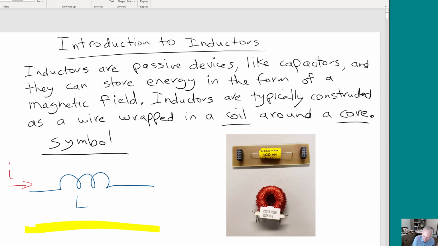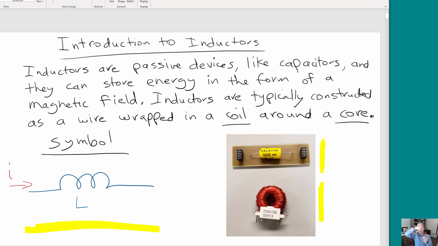Over here on the side, we have a couple of examples of inductors. The one on the top is an inductor that's in kind of like a straight line, like we've got our symbol, and that's something that we use in the lab, okay? And you can see the value of it is 100 millihenries. Now the one on the bottom is an inductor in the form of a loop or a coil, okay?